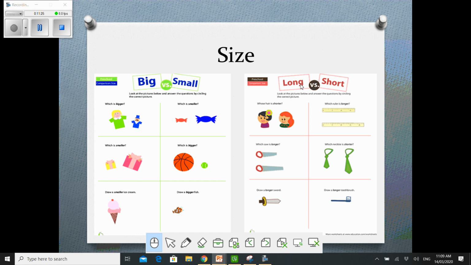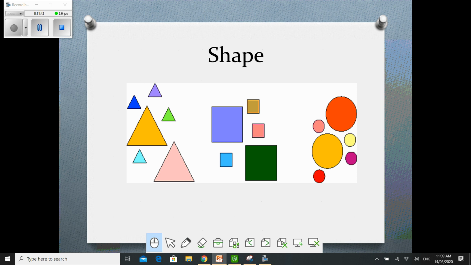Tell me about you and your brother. Are you bigger than your brother or smaller than your brother? Are you longer than your brother or shorter than your brother? They classify by the shape. We have different shapes and we talk about them in math.